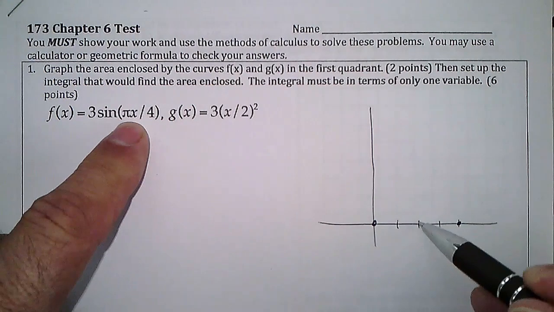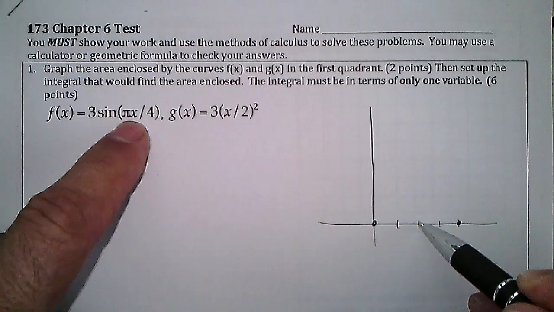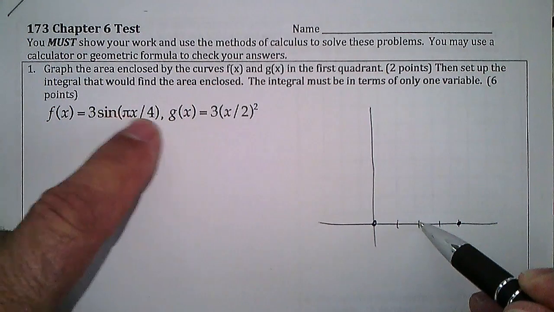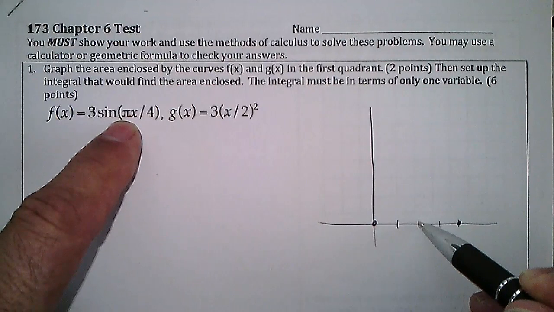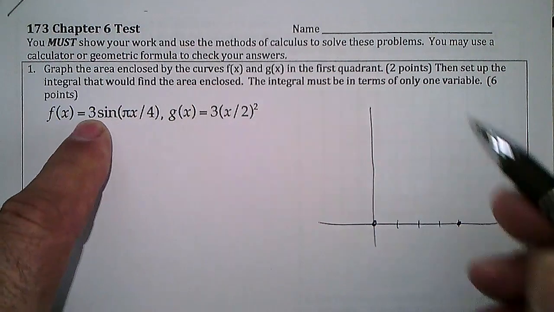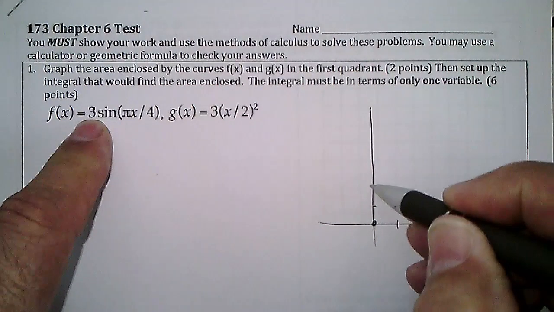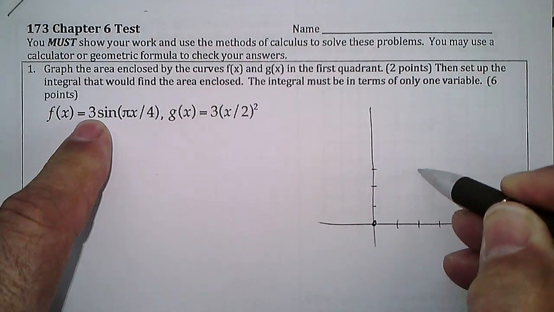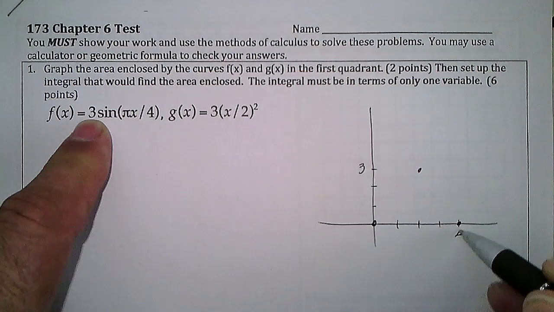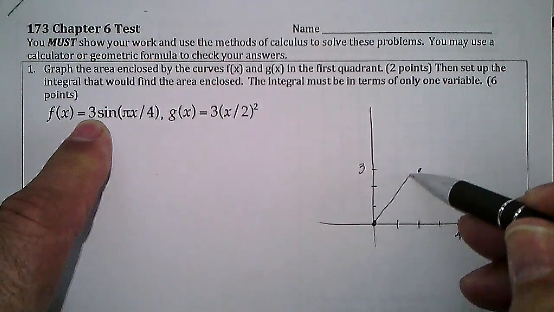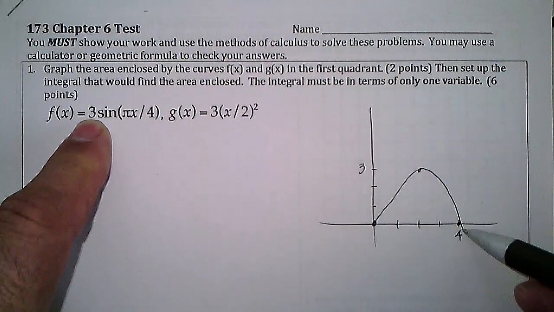If I put in 2, 2 over 4 is 1/2, so sine of pi over 2 is 1 times 3 is 3. So this must be a sine curve that's doing something like this.